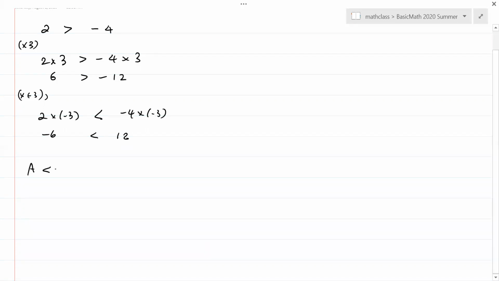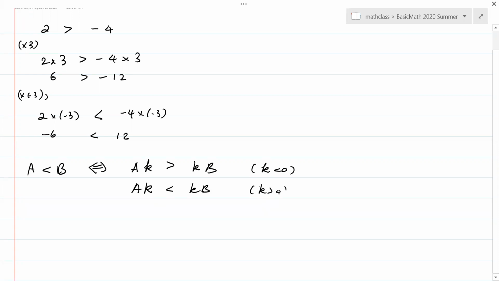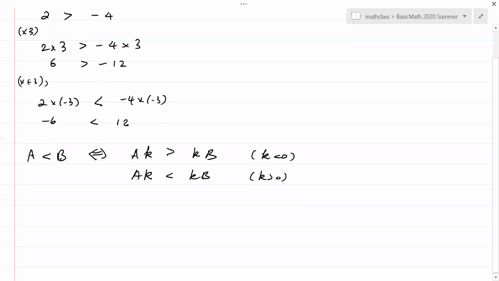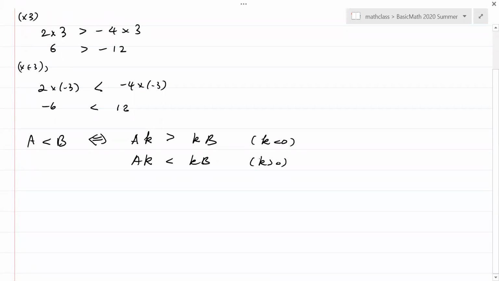If A is less than B, and K is positive, then AK is less than BK, the same inequality. If K is negative, you have to reverse the inequality.